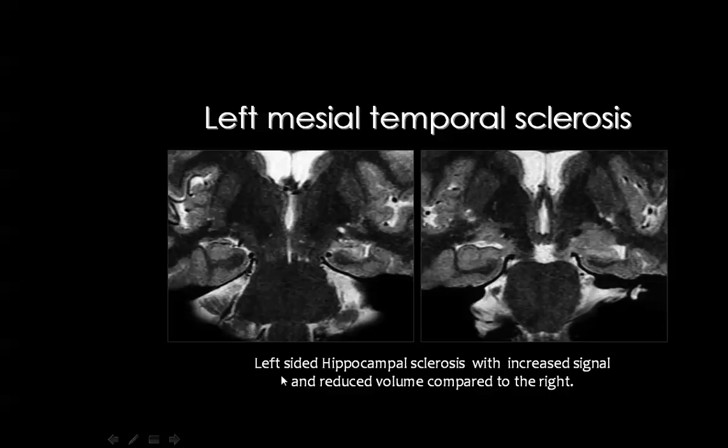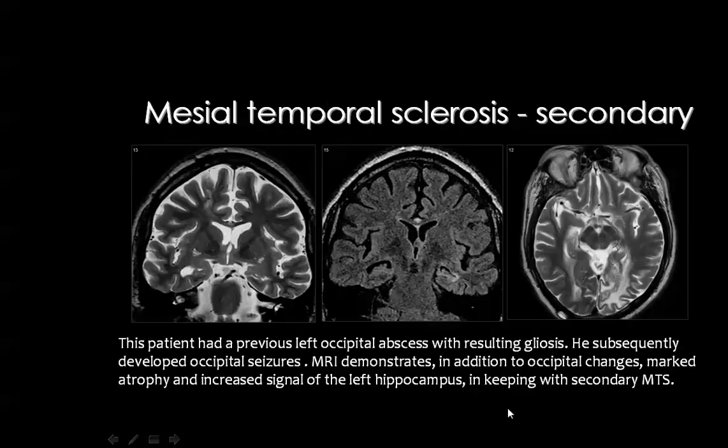Then this is left-sided hippocampal sclerosis, and you can see the small volume of the hippocampus compared to the opposite side, and the relative increase in the signal compared also to the right side. Then mesial temporal sclerosis may occur primarily because of ischemic changes in the region of the hippocampus, or secondary to other lesions, like in this case, a patient with an occipital lobe abscess that has been evacuated, and after that the patient developed epilepsy or seizures.